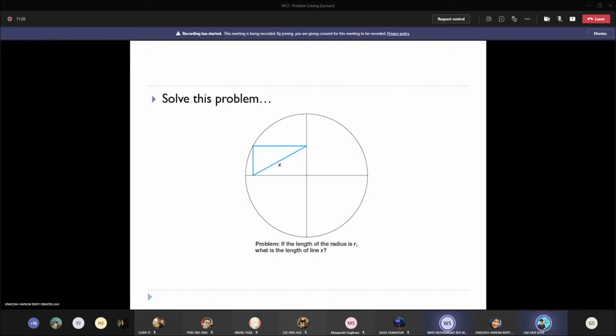Yes, X is R because if you see the other diagonal of the rectangle, opposite the X diagonal, it will be the radius. So X is the radius, I guess. Okay, so that's basically one solution. I don't know whether everybody can see that, but we'll probably come back to this later.